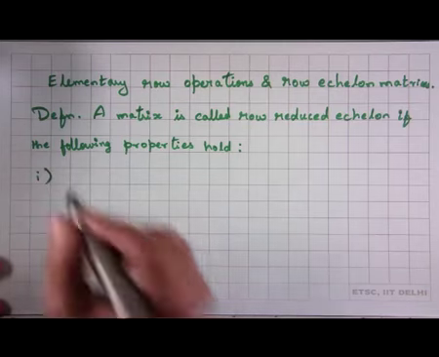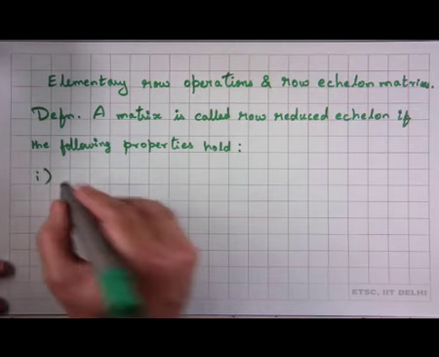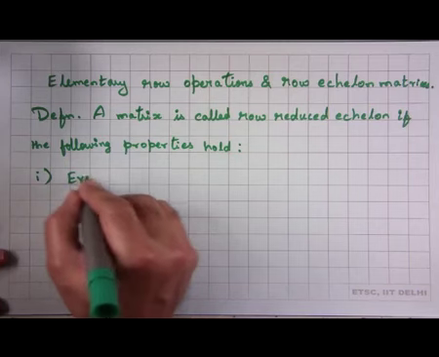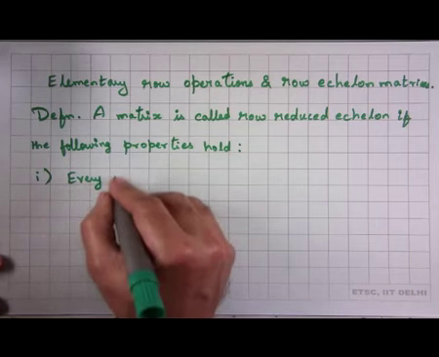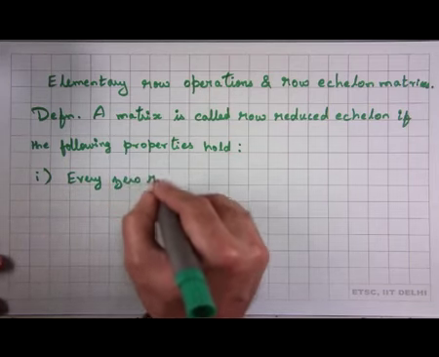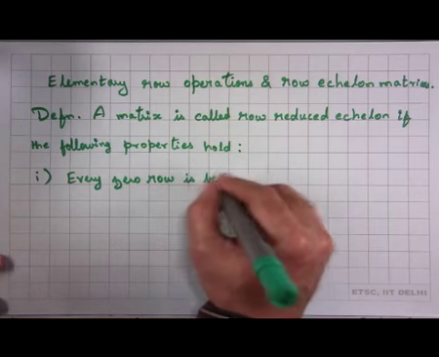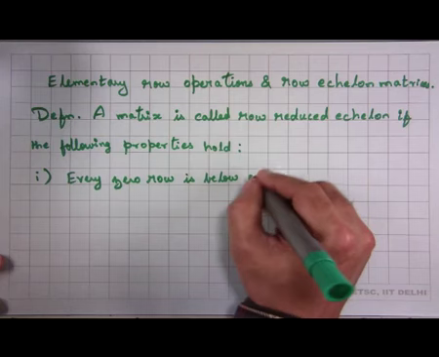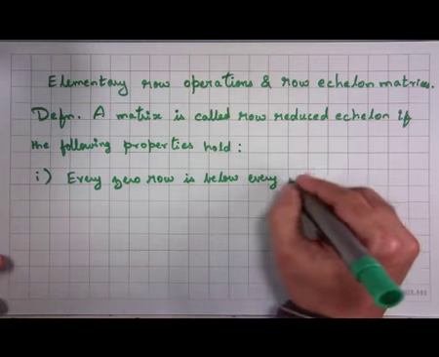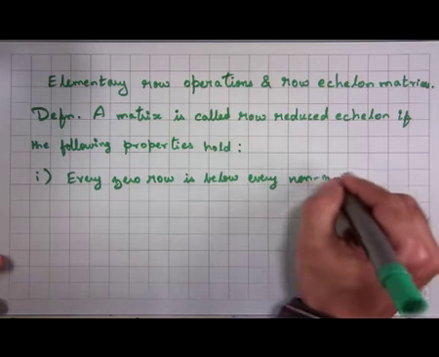First one, every 0 row is below every non-zero row.